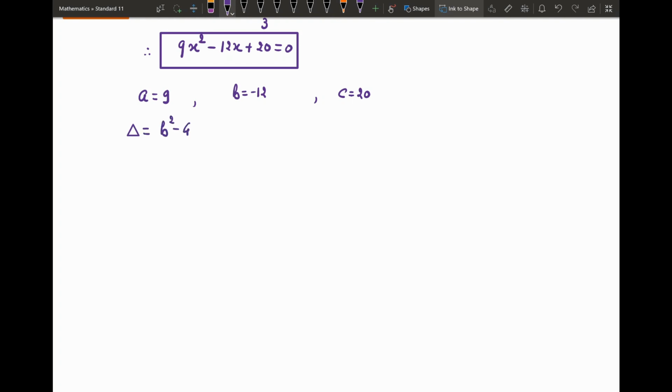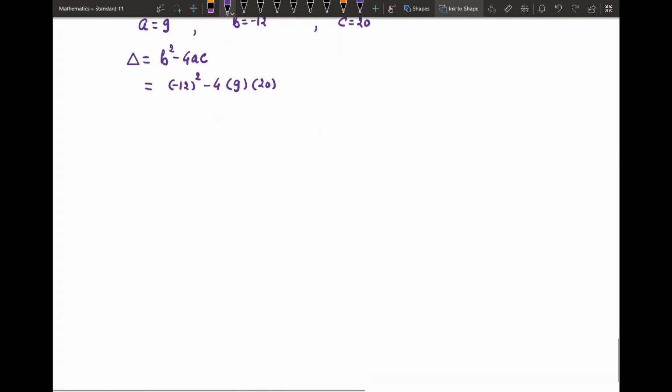So delta is b square minus 4ac. With a equal to 9, c equal to 20, the simplification is 144 minus 4 into 9, 36, into 20.